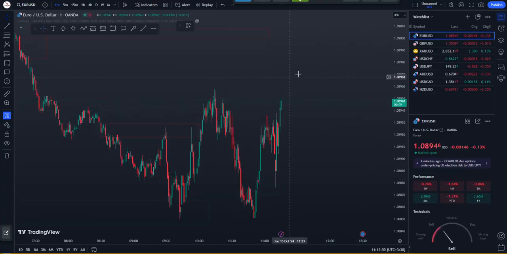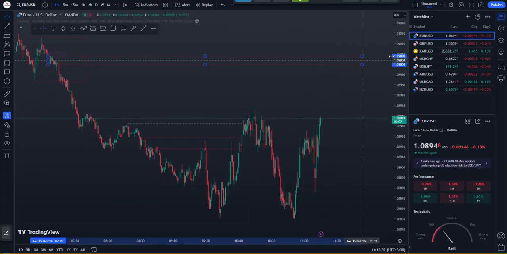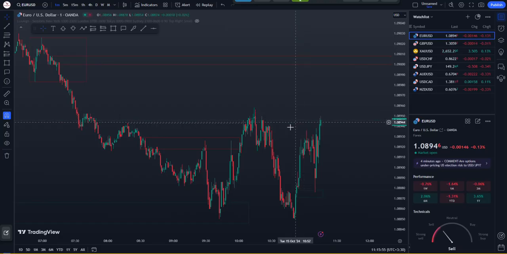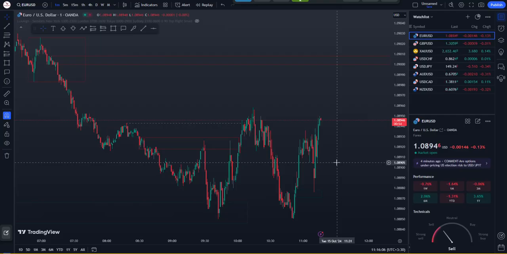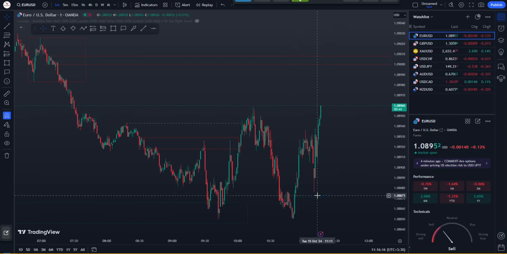So price is moving up, reaches these levels, engulfs everything here, and I can't find anything here for going long for now, and we just saw it and missed that opportunity.